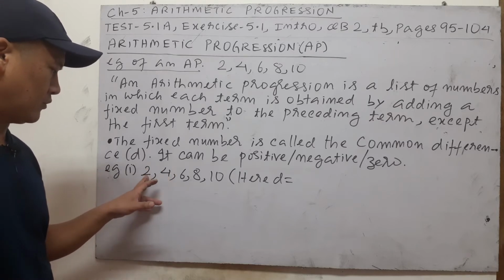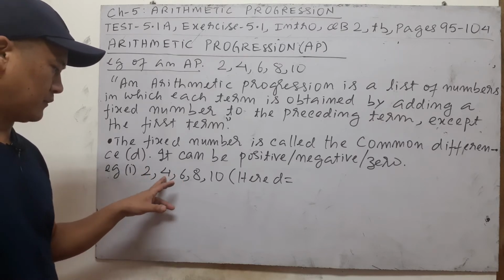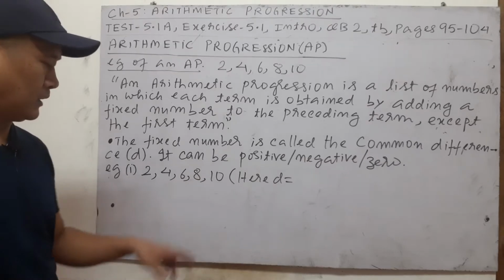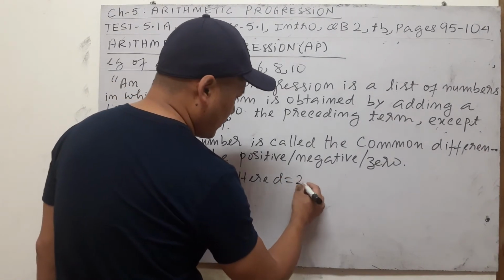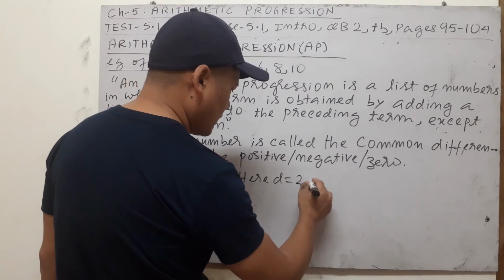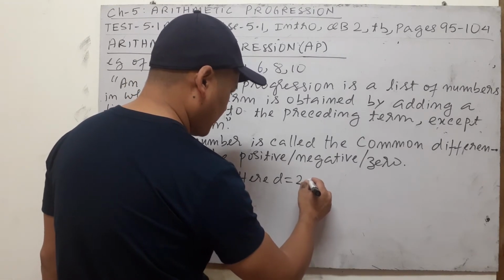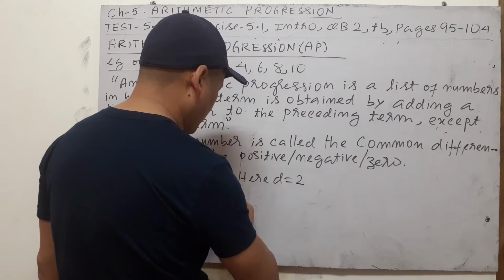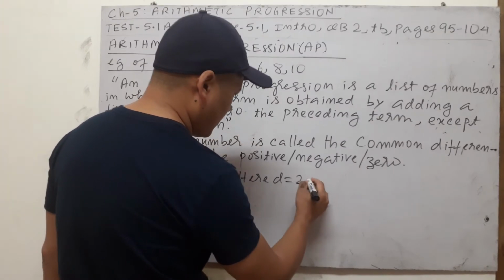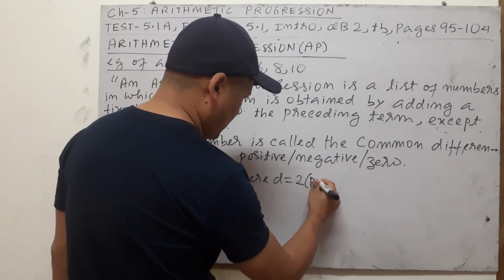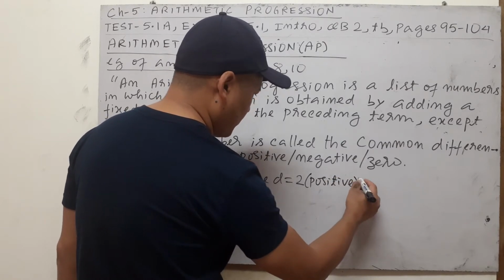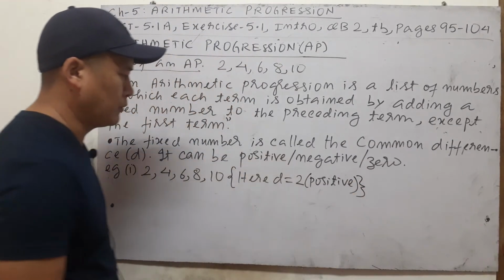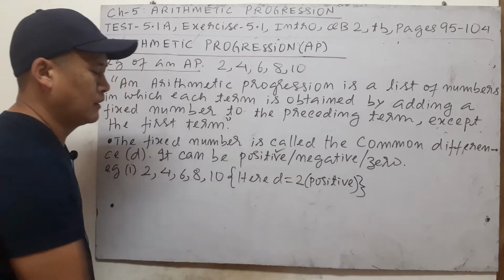Here, 4 minus 2 is 2, 6 minus 4 is 2. It is going to be the same if it's an AP. So the common difference is 2, and you can clearly see it's positive. So this is correct, the common difference can be positive.